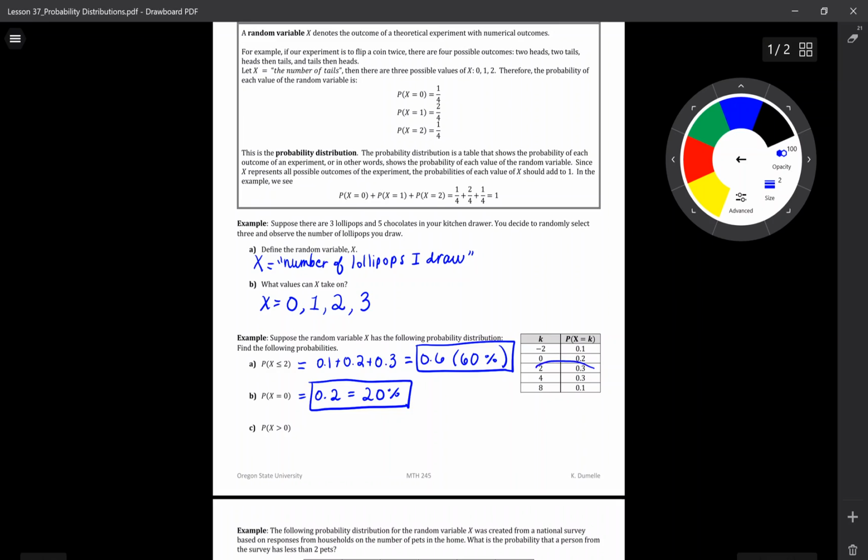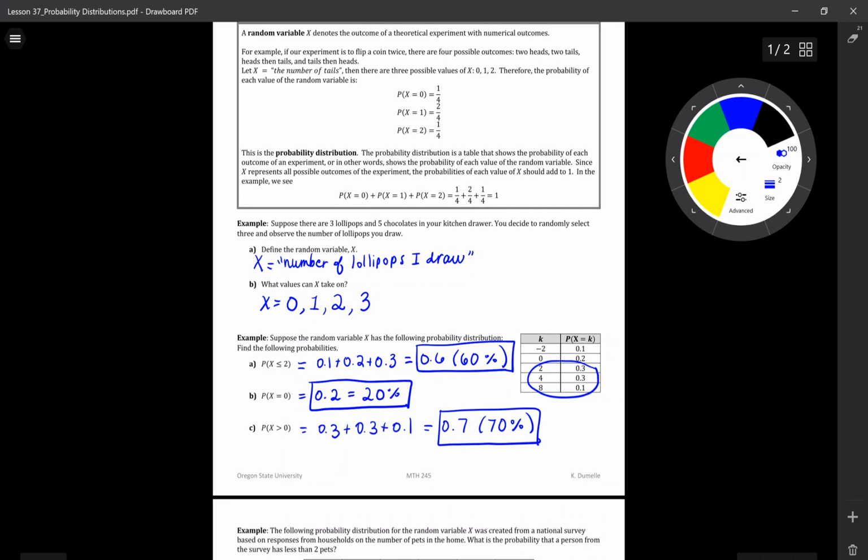So I'm looking at 2, 4, and 8. The probability that I choose 2 is 0.3. The probability that I choose 4 is 0.3. And the probability that I choose 8 is 0.1. This is 0.7, or 70%.